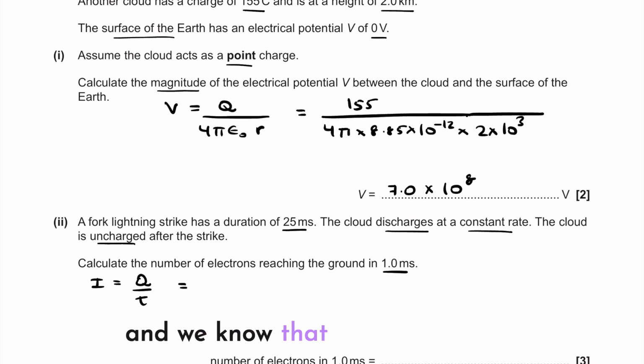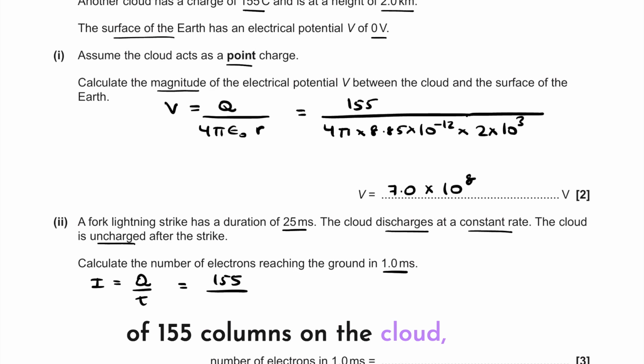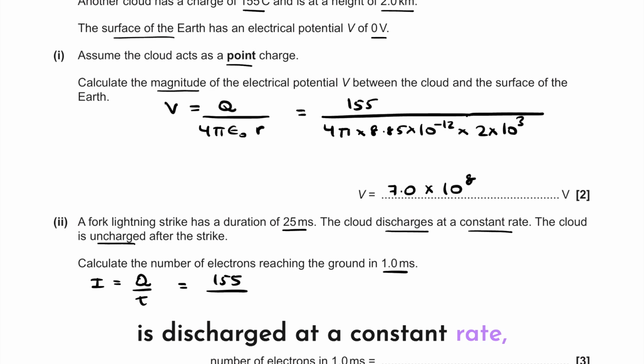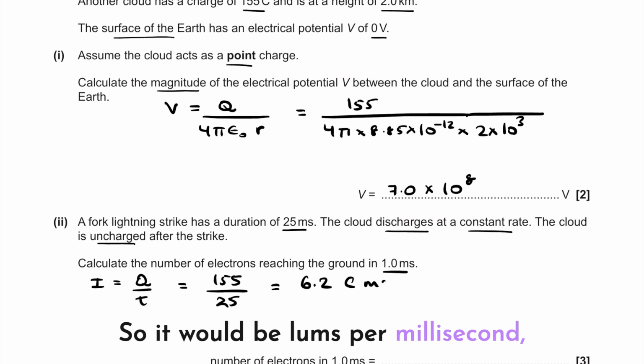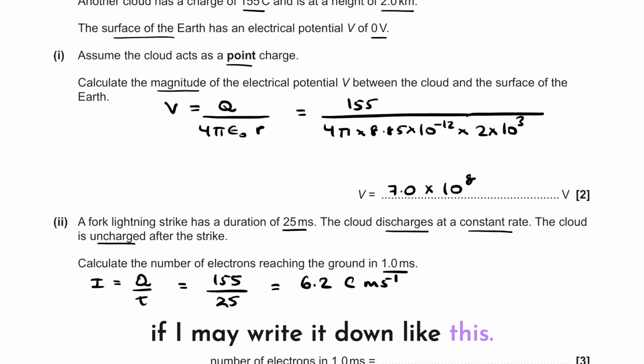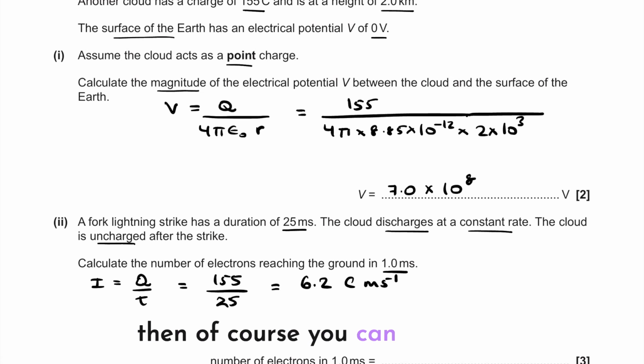There's a charge of 155 coulombs on the cloud, which is discharged at a constant rate, and the duration is 25 milliseconds. I'm just going to keep it as 25 milliseconds, since the answer should be in milliseconds. So that would be 6.2 coulombs per millisecond, if I may write it down like this. Of course, you can calculate this in seconds as well as in amps, but I'll leave it like that.